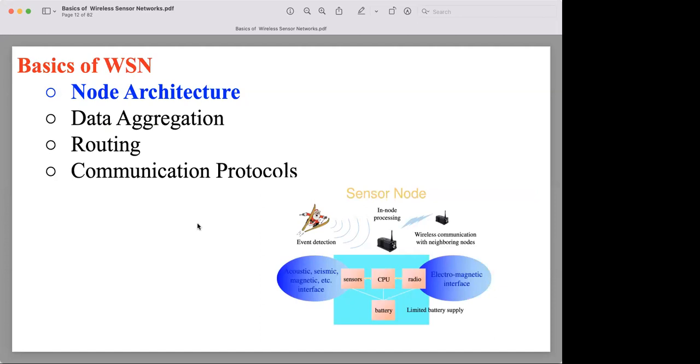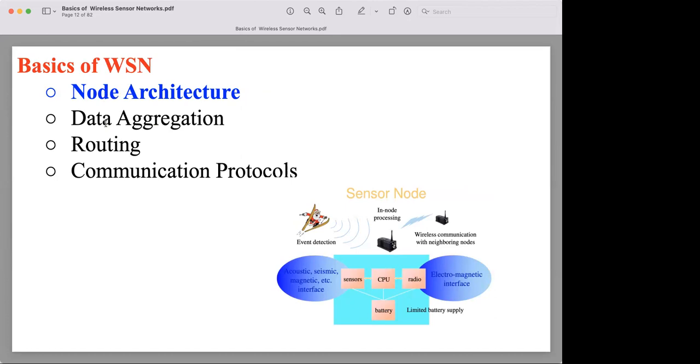Now, if we identify that, okay, this is a wireless sensor network, not MANET or VANET and other things, and we also identify what the application is, then how can we build a wireless sensor network, what components are required for making a wireless sensor network? So there are 4 basic components. One is node architecture, whatever wireless nodes you are using, that is the very first component.